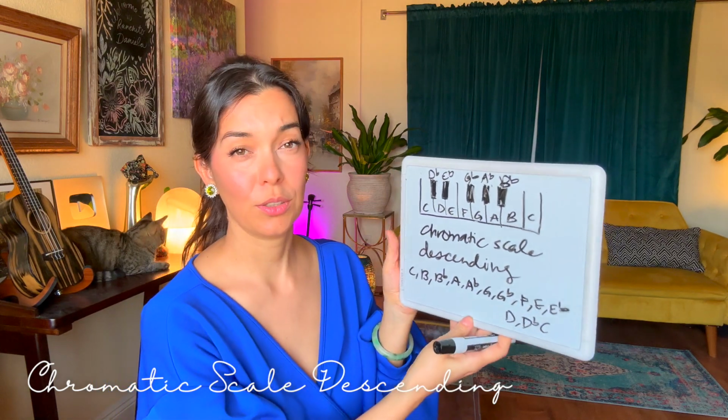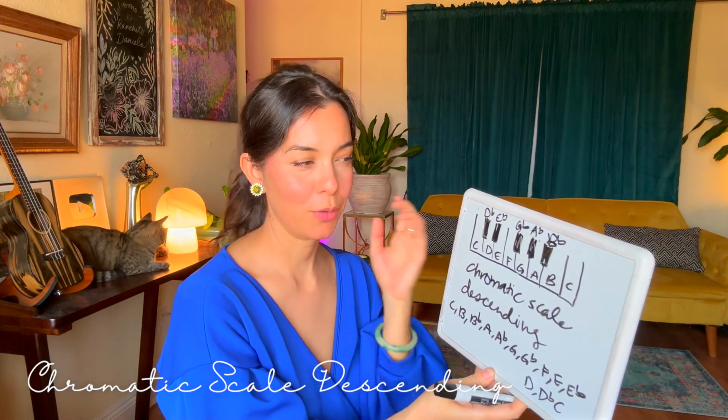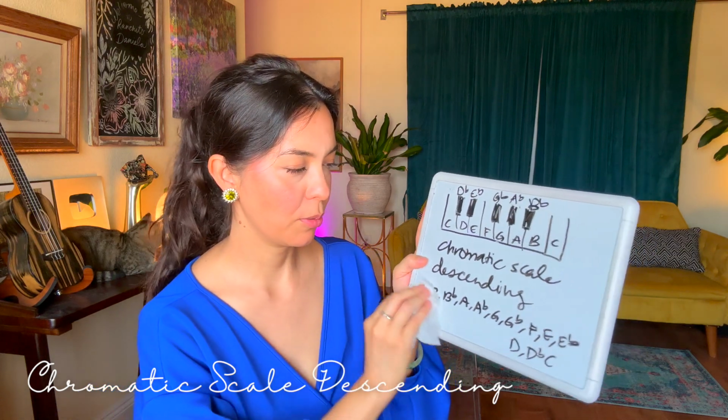So once you reach the top of the scale on your ukulele or guitar or any instrument, then work your way backwards saying the names by the flatted name.